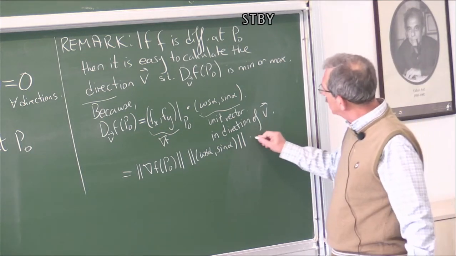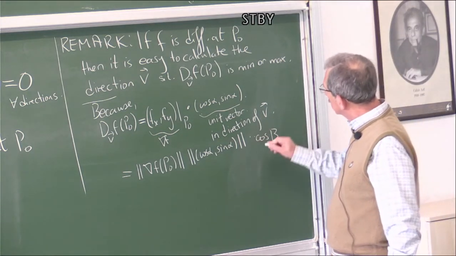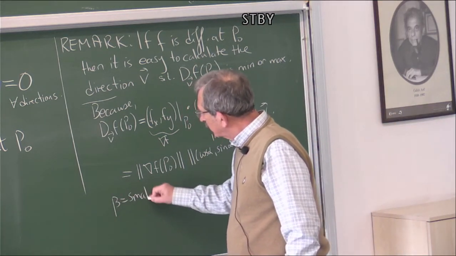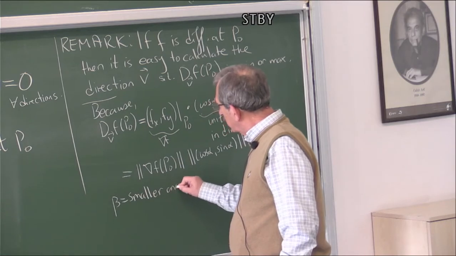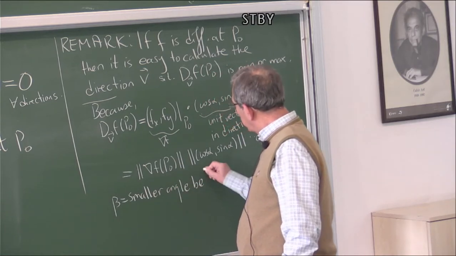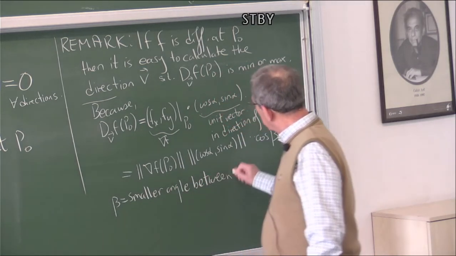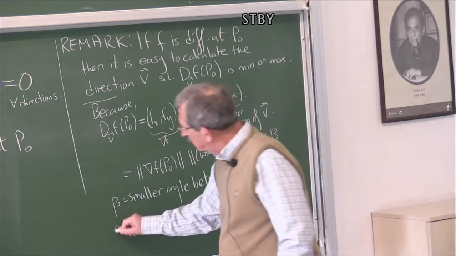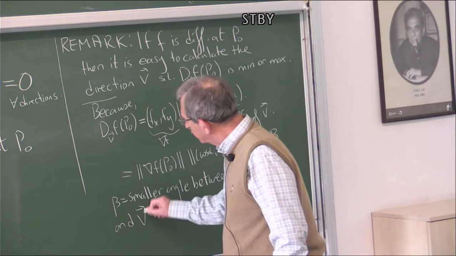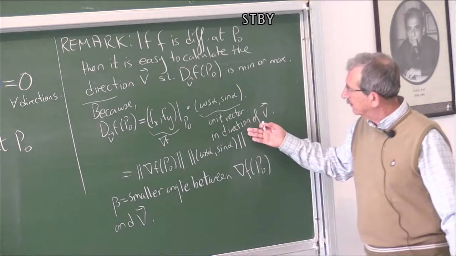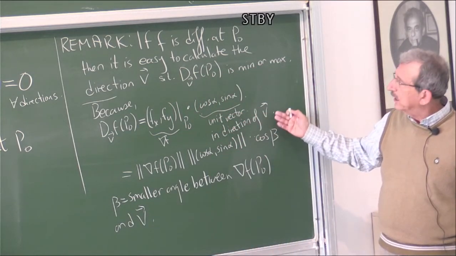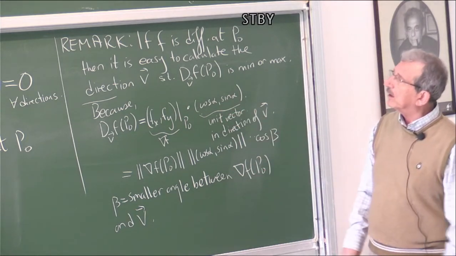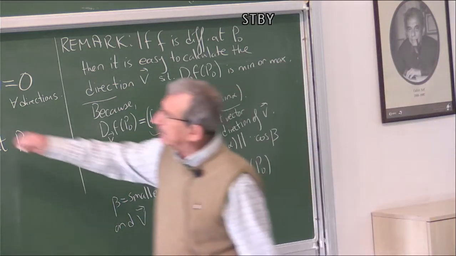So let me write cosine beta. Here, beta is the smaller angle between the vectors gradient f at p0 and v, because this is in the direction of v.